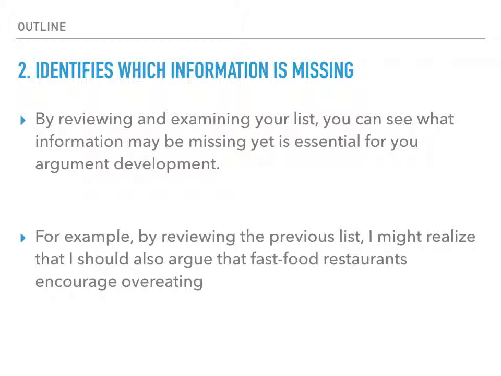So for example, by looking over this previous list, I might realize that I should also argue that fast food restaurants encourage overeating. Maybe that's an important point that I should include in that list as well. So you see how by visualizing it, I can start to think about how I want to structure, what I want to include, and what I want to take out.